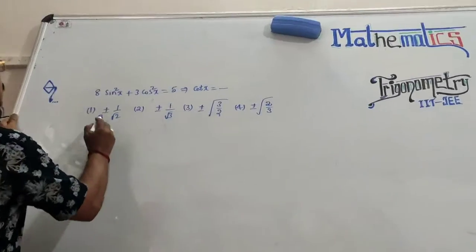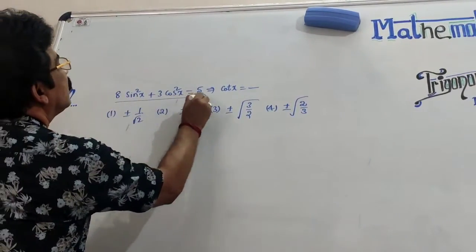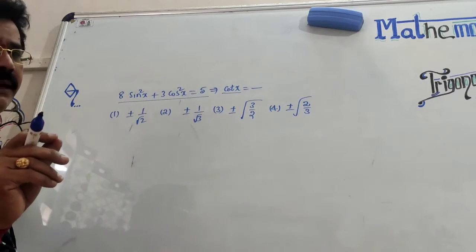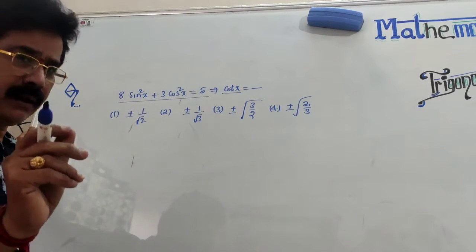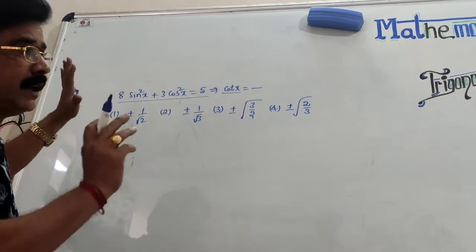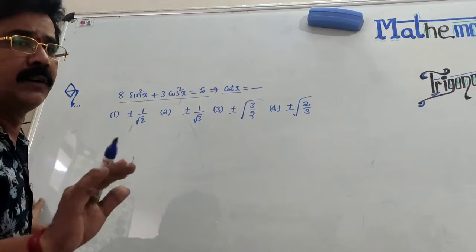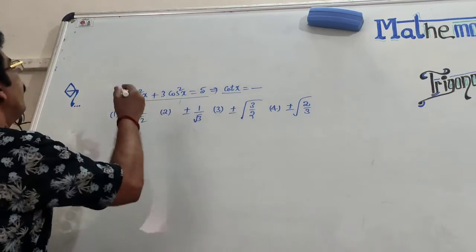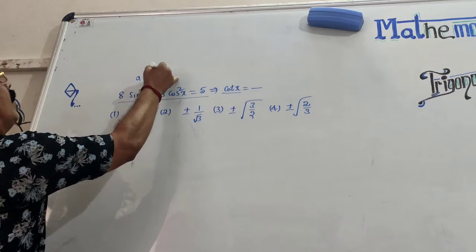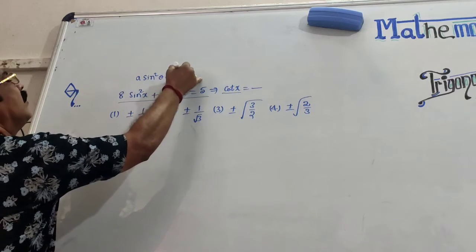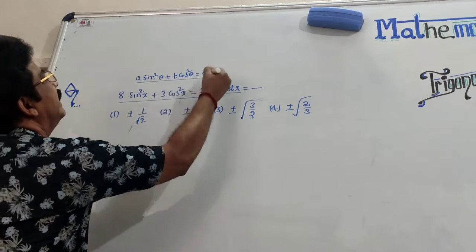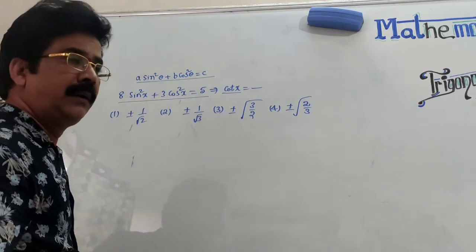Hence the problem. 8 sin² x plus 3 cos² x equal to 5, then find cot x. Actually, in mathematics, especially in trigonometry, for certain forms we have fixed procedures. Follow them blindly. Here it is in the form a sin² θ plus b cos² θ equal to c, where a, b, c are real numbers.